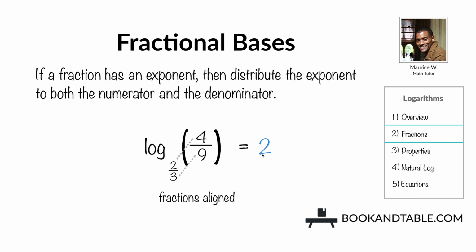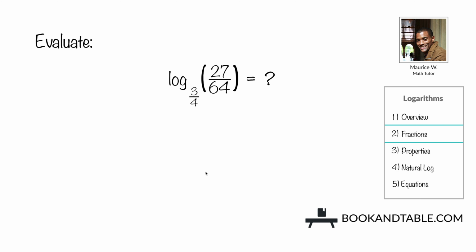And as a result, the logarithm is positive. So we are going to walk through an example like this one. And in the next part of the chapter, we'll see situations in which the base and the argument have fractions that are not aligned.